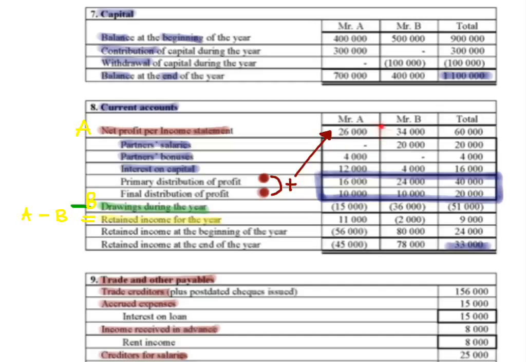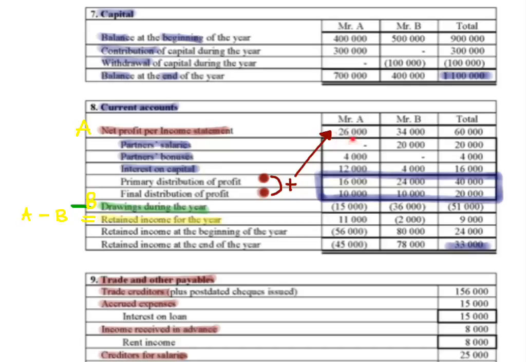After you've distributed all the profits, you will then work out the retained income. Retained income means the income left by the partners inside the business, or in other words, kept by the business from the partners' profits.